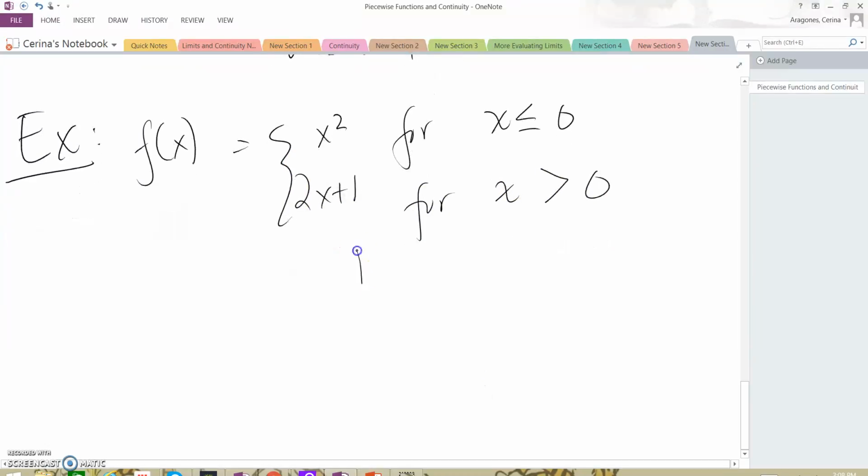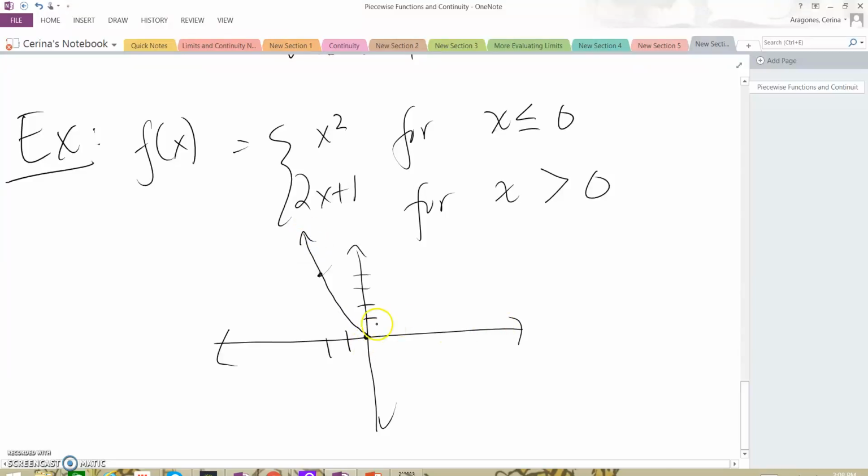So if we graph this, from negative infinity, anything less than or equal to 0 is this parabola. It looks like this. Okay?